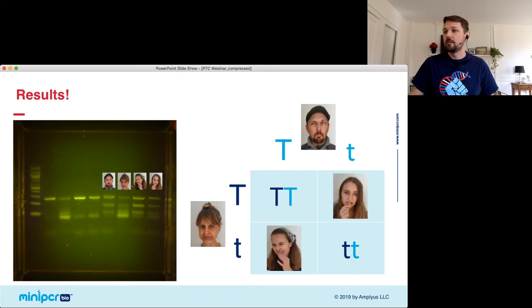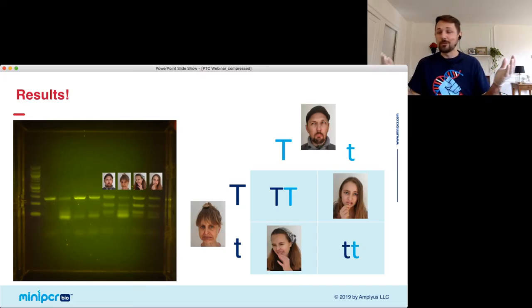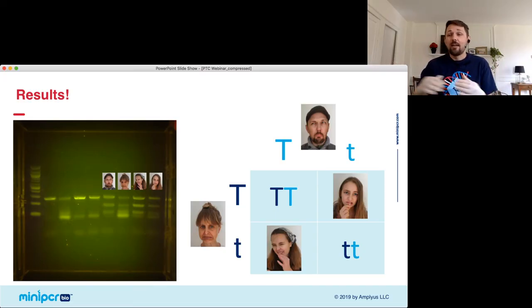There they are. And again, I don't know whether daughter number 1 got the big T from me or mom, but I'm just filling it in here. And you can also say, all right, if this pairing were to make more children, they won't, but if they were to make more children, what would they be? The rules of Mendel say that it's just probability, so we're going to go out the same way.